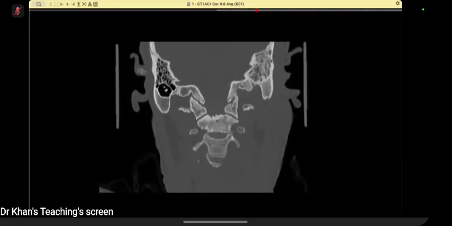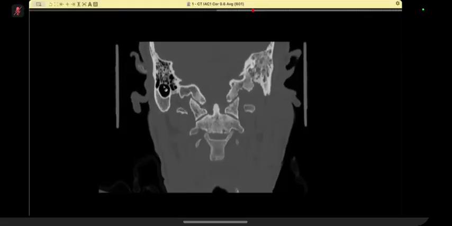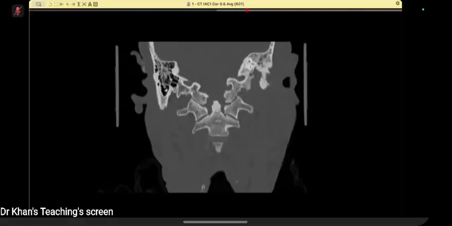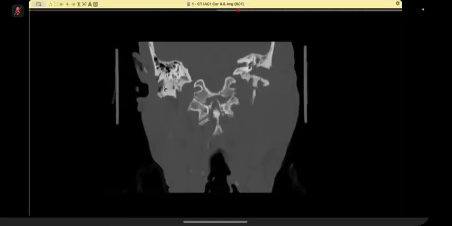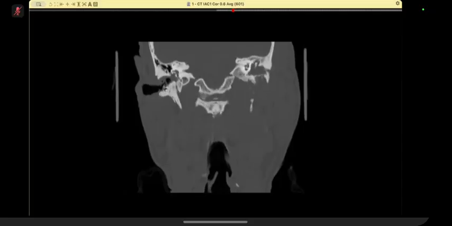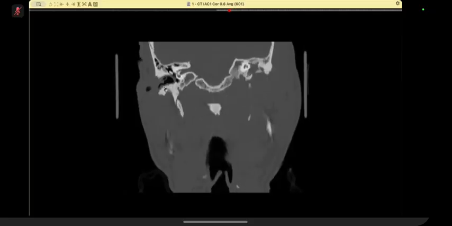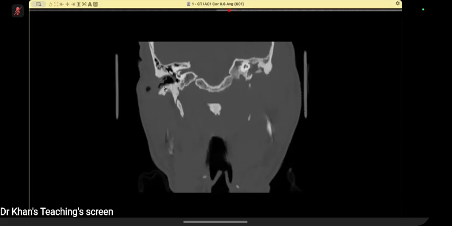On the coronal, on a separate note, there are degenerative changes of the C2 odontoid peg. And again, I can see the bony destruction and the widening of the external auditory canal on the left. There is also fullness of the mastoid air cells.